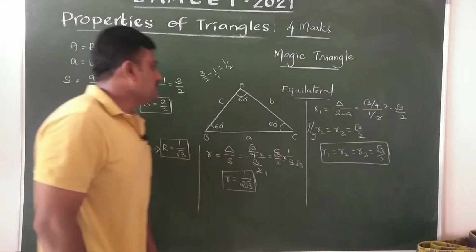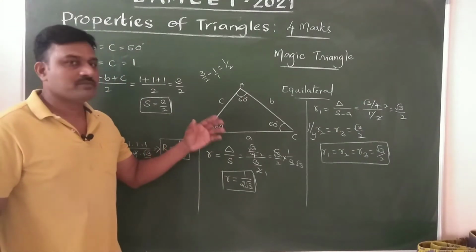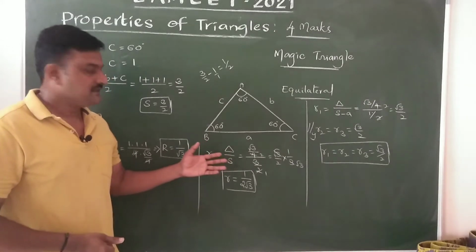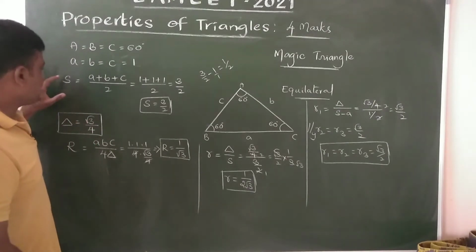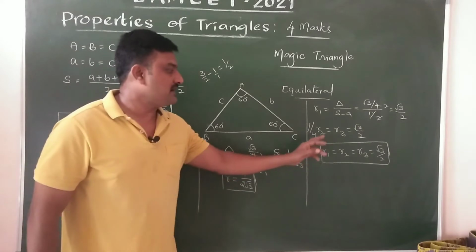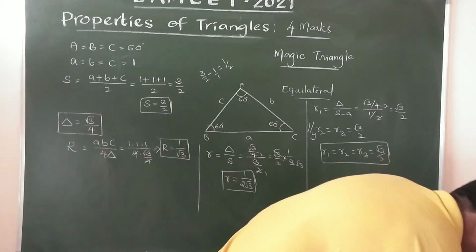Now these are the shortcut methods for maximum problems of the properties of triangles. Let us apply these conditions and values: s, delta, capital R, small r, R1, R2, R3. Let us apply once again.